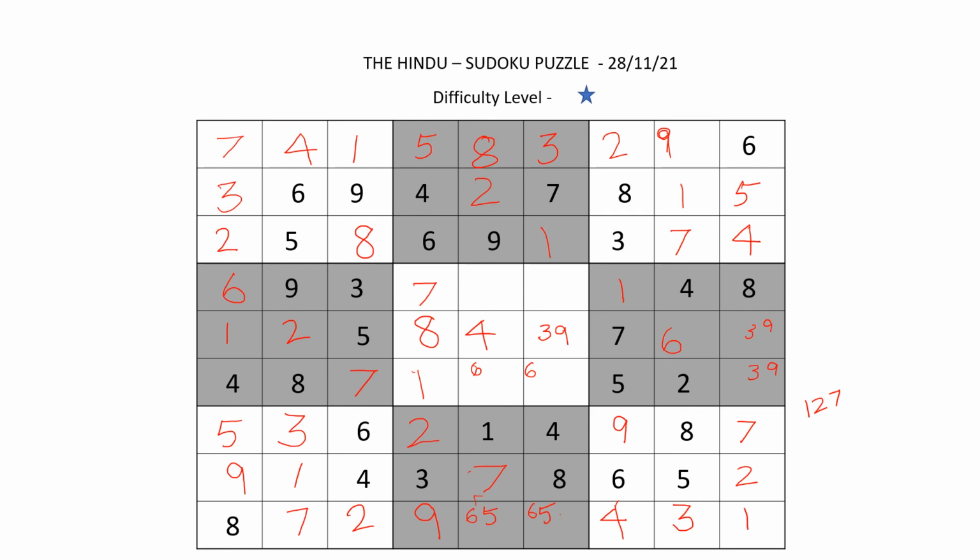We have a 3, so that cancels out the 3 here and this becomes a 9. So this becomes a 3. So now this becomes a 9.